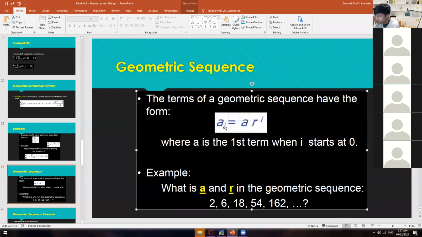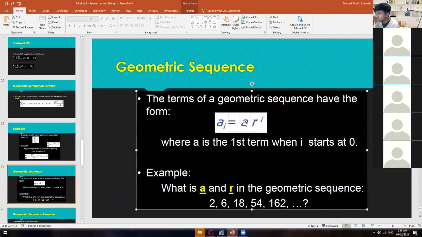Instead of a subscript, we have a superscript or an exponent, and an additional variable r. A here is part of that formula, where A is the first term when I starts at 0.